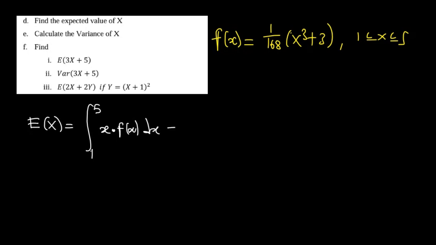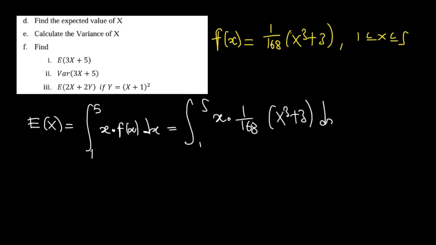This is equal to the integral from 1 to 5 of x multiplied by 1 over 168 times x to the power 3 plus 3, dx. Let's factorize the 1 over 168. I remain with the integral from 1 to 5 of x multiplied by this, so I will have x to the power 4 plus 3x, dx.